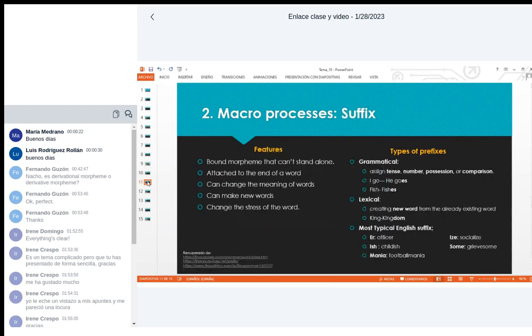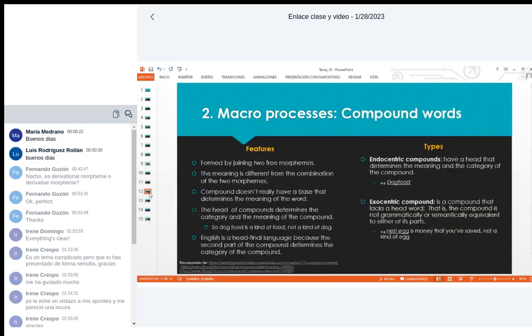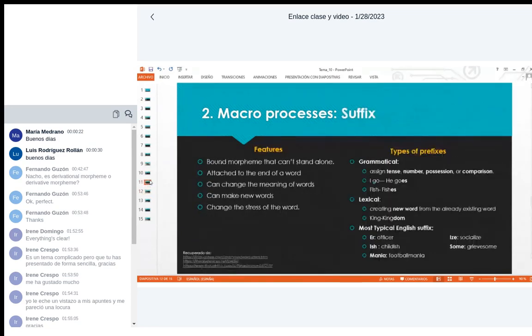Now, the next one is the suffixes. The features of the suffixes are, again like the prefixes, they cannot stand alone, they haven't got a meaning by themselves. They are attached to the end of the word. They can change the meaning of the word and also can change the stress of the word.